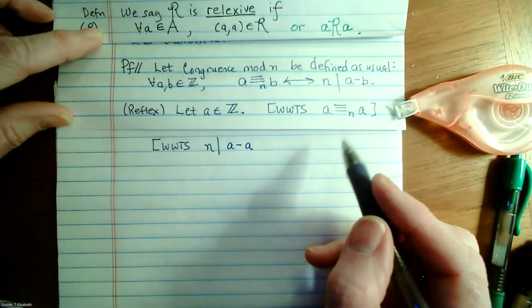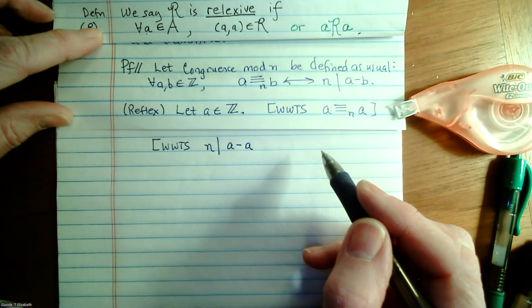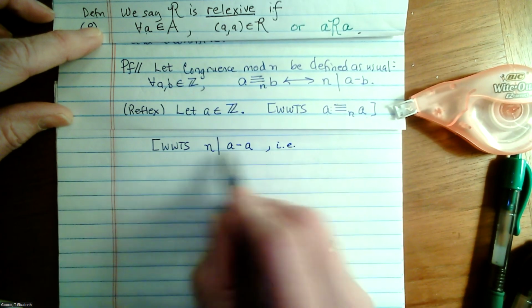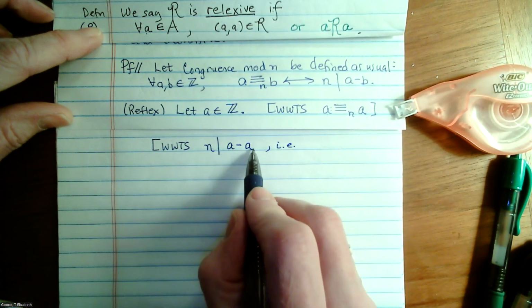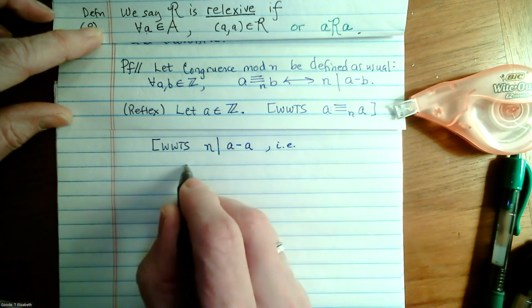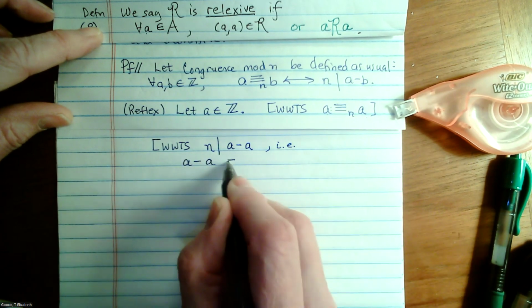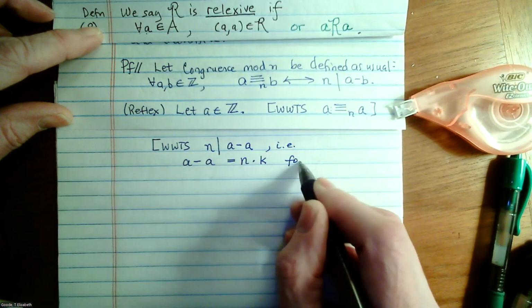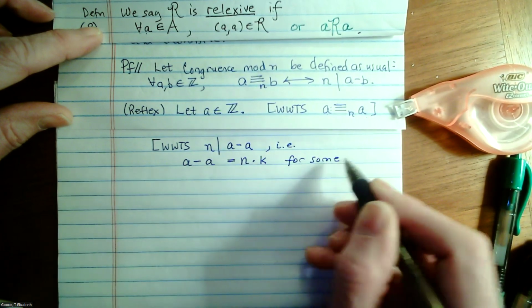Everybody with me? Let's just unpack what it means to say that n divides a minus a. It means a minus a is a multiple of n. In other words, it's n times k for some integer k. That's what it means to say n divides a minus a.